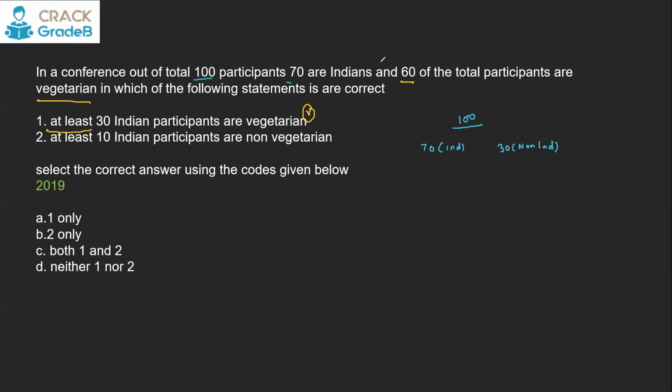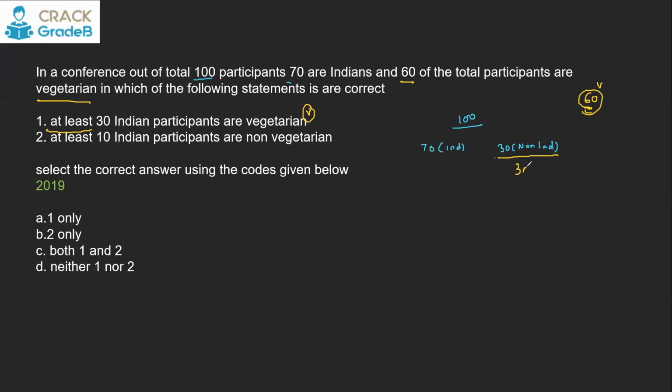You want to distribute in such a way that no Indian gets it, because you want to minimize that. So whom will you give it to? You'll start giving it to the non-Indians. So out of 60 vegetarian coupons, you start distributing to these 30 non-Indians.